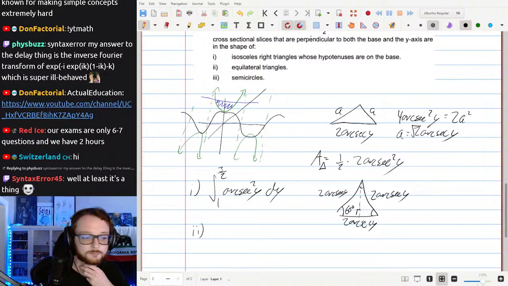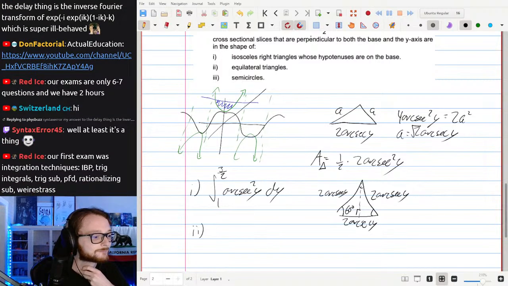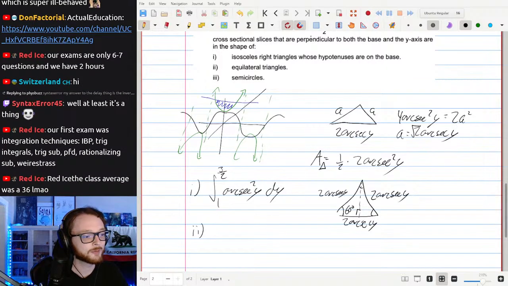Oh, it's the thing. IVP, trig integral, trig sub, PFD. Wire stress. I haven't heard of wire stress for integrals. I'm sure his name will be on there somewhere, though. We might just know by different names.